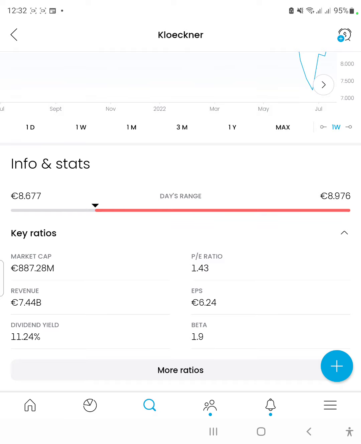The PE ratio, as we just went through, is 1.43. The beta is the overall risk level as represented in a number, which is 1.9, which is 90%, almost double the market average of 1, which shows that the overall volatility of this stock is almost twice as high as the average volatility of a stock in the stock market.